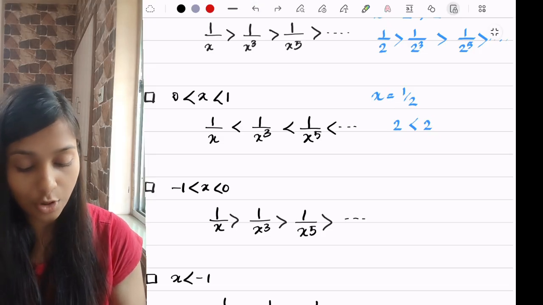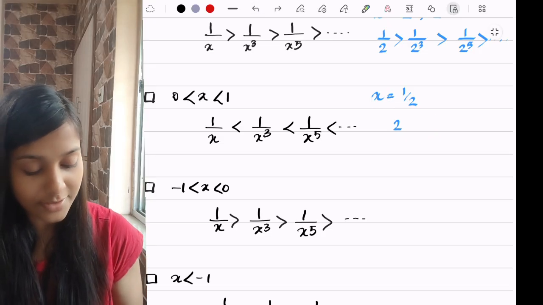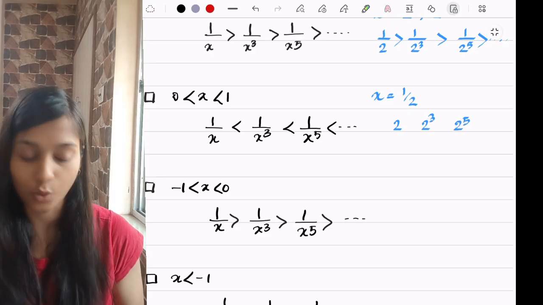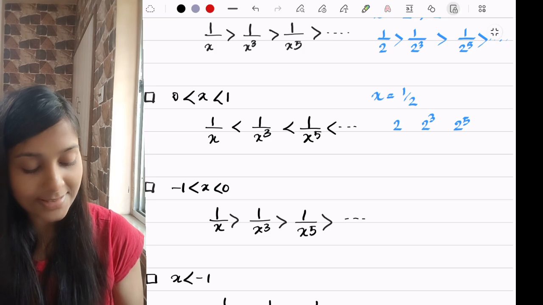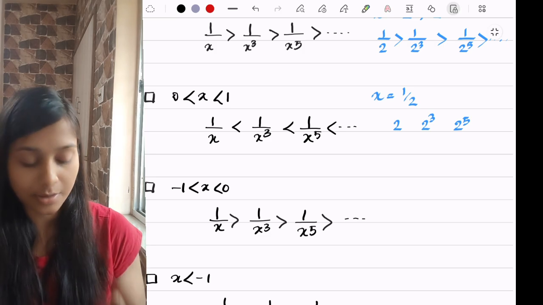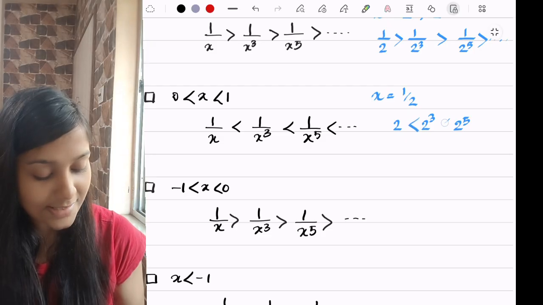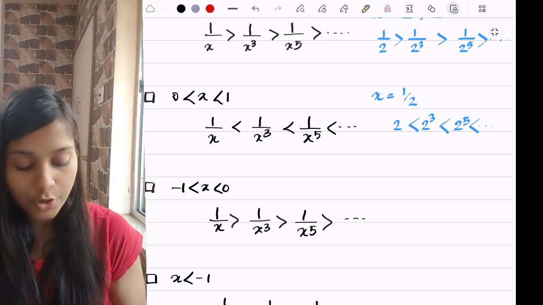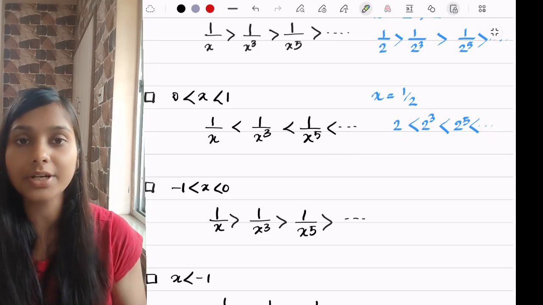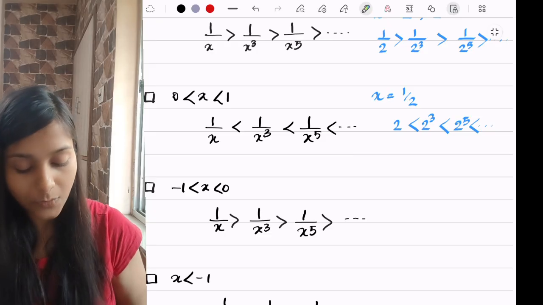Let me first write it down: 2, 2 cube, 2 power 5 and so on. Here we can see that 2 cube is 8 and 2 power 5 is a much larger number. So here this inequality holds. Obviously this inequality is true in the region 0 to 1.